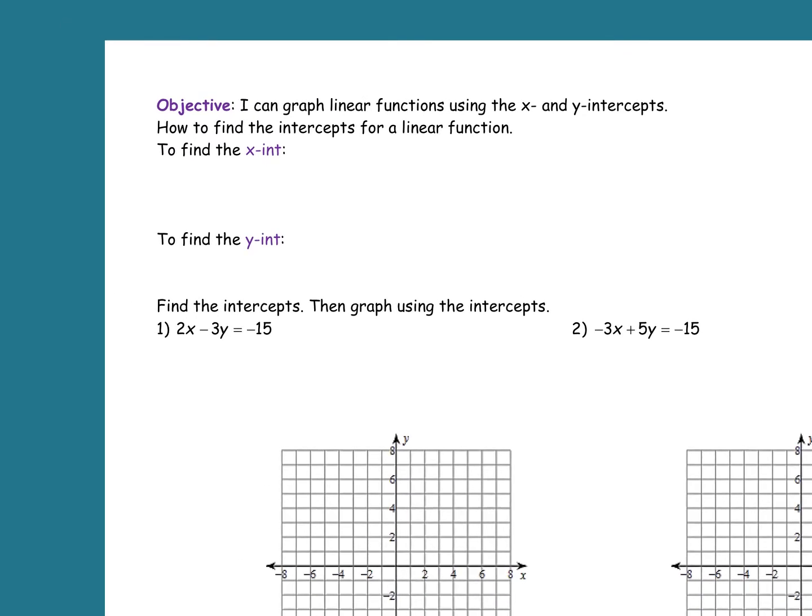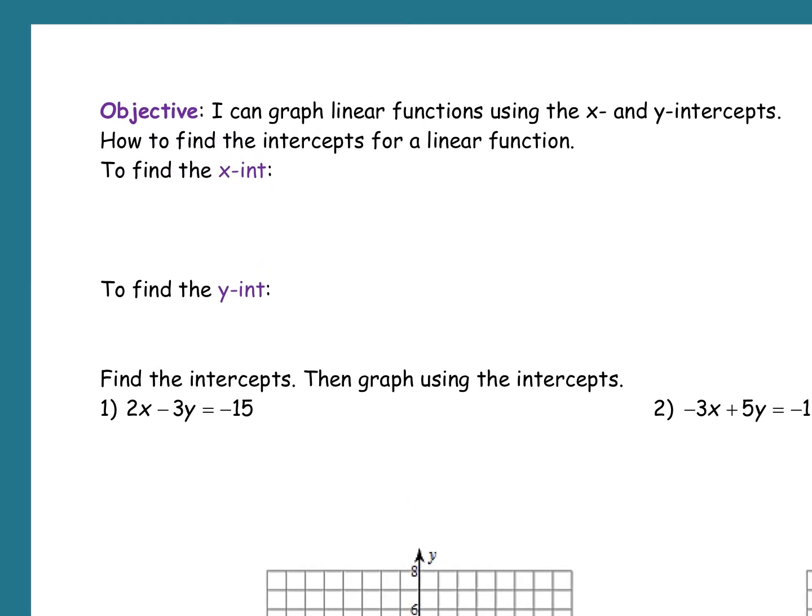Okay, so in order to graph these, we're going to use our intercepts. We're not going to use y equals mx plus b like some people I saw already working ahead are doing. Because it says graph using the intercepts. So in order to find the x-intercept, I set y equal to 0 and solve for x.